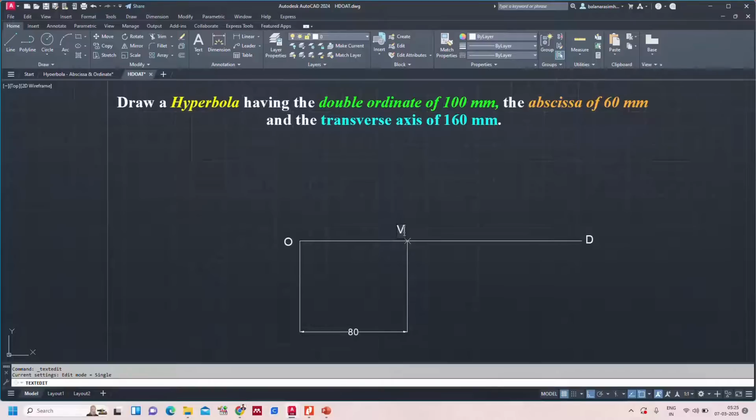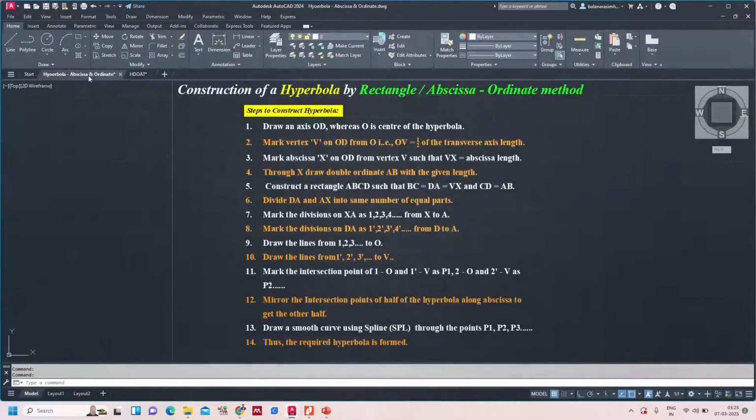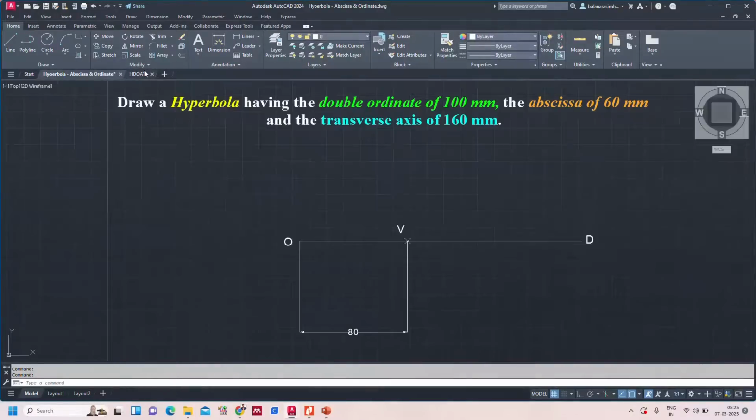This point is the vertex. Very good. Now mark the abscissa on OD from vertex V such that VX equals the abscissa length. What is the length? The abscissa length they gave is 60 mm. So again, from this point I am taking it as 40.